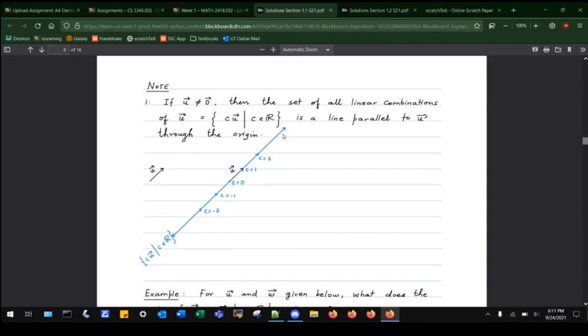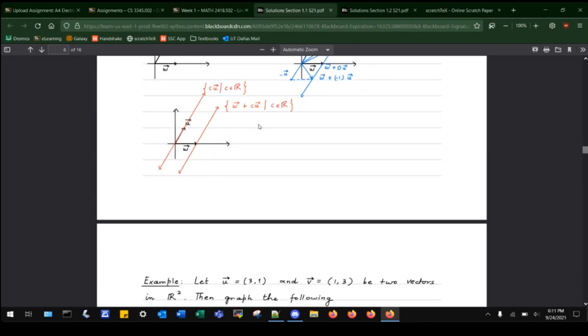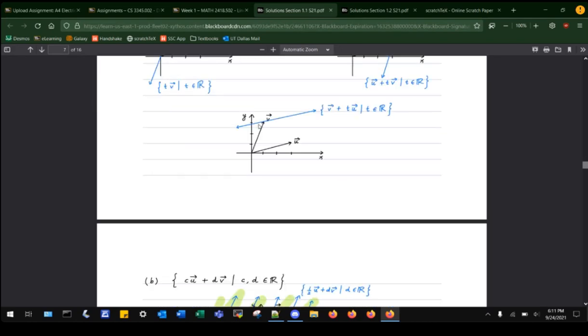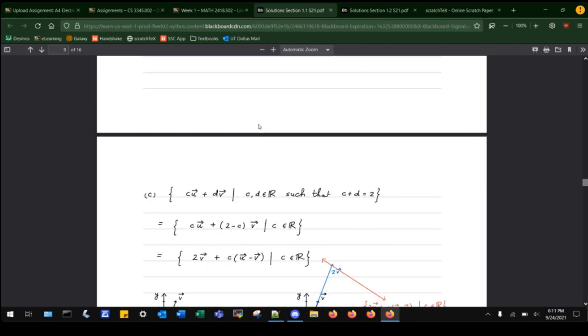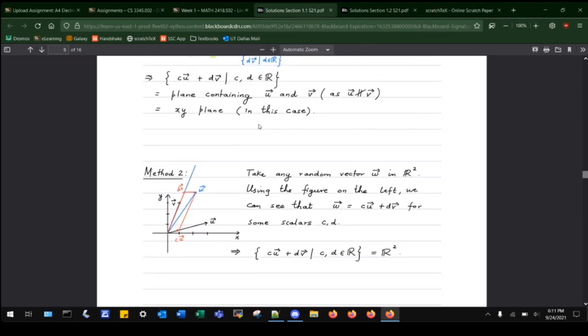It will go through the origin. It'll be parallel to that vector. Did I skip something?